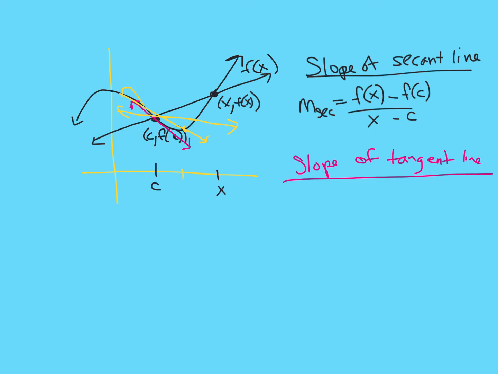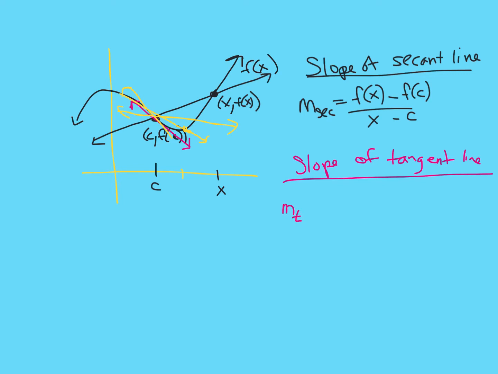So if you keep on drawing little lines where the second x value is closer and closer to c, you're going to get a pretty good estimate of the slope of the tangent line. So in order to actually find our estimate of the slope of the tangent line, we're going to take the slope of the secant line, but we are going to take the limit as x gets closer and closer and closer to c.